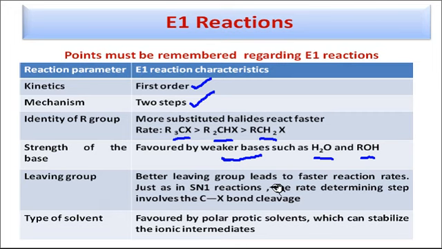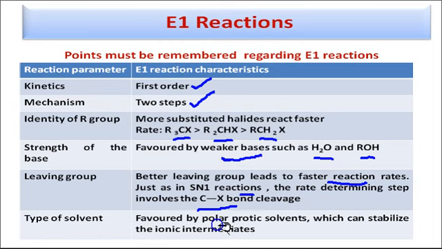The better leaving group leads to faster reaction rates, just as in the SN1 reactions, because in the rate determining step the C-X bond cleavage is involved. That means as the X removes faster, generation of the carbocation takes place much easier. That is why the better the leaving group, the faster will be the E1 reactions.